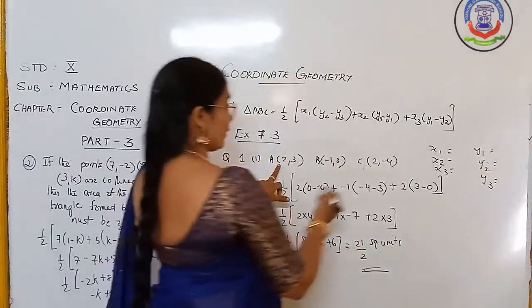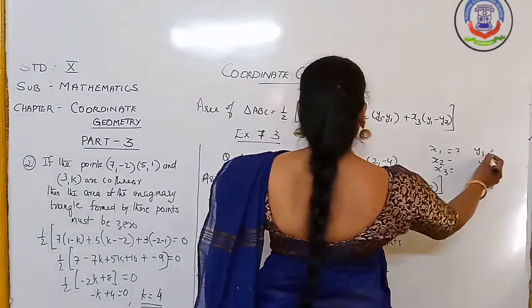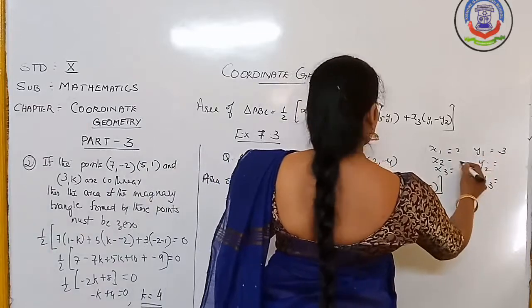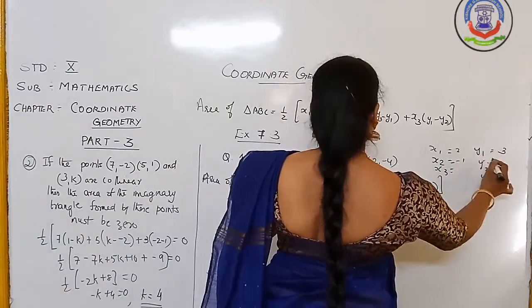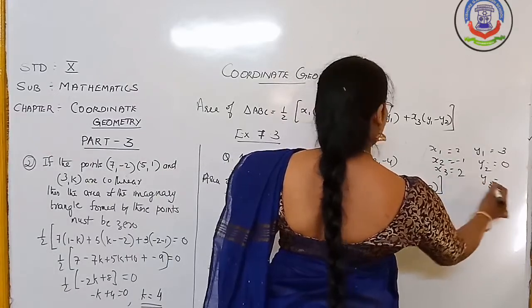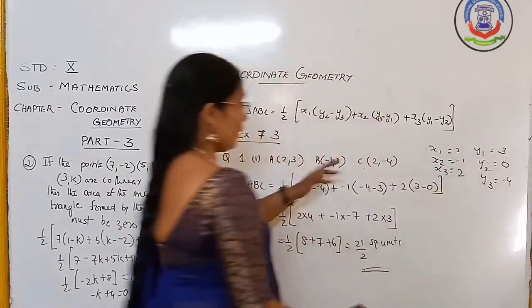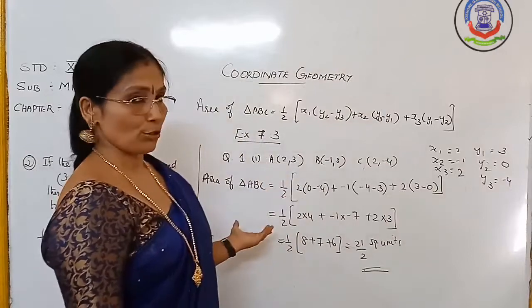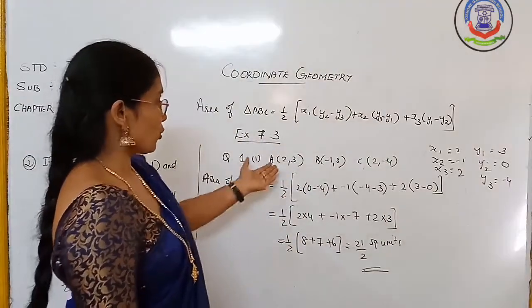For example, x1 is 2, y1 is 3, x2 is minus 1, y2 is 0, x3 is 2, y3 is minus 4. Now you can apply the formula directly, and that will also work.